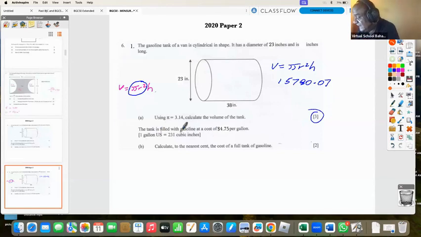Now you see the tank is filled with gasoline at a cost of $4.75 per gallon. And then they tell us that 1 US gallon is equal to 231 cubic inches. And they ask you to calculate the cost of a full tank of gasoline.